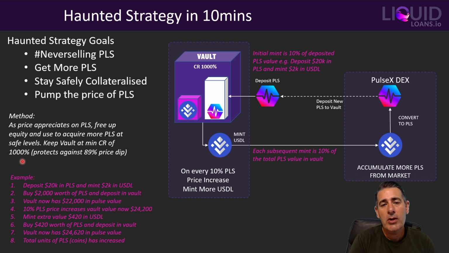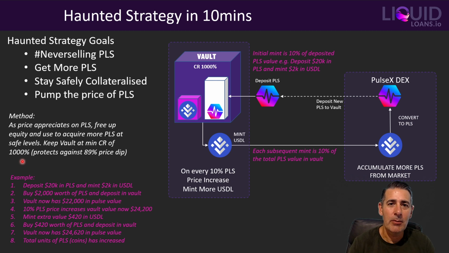As the price of Pulse appreciates, we're going to free up some of that equity. So you've already got a certain amount of Pulse, and let's just say it's gone up 100%. Well, obviously there's a lot more economic energy now locked in that asset.